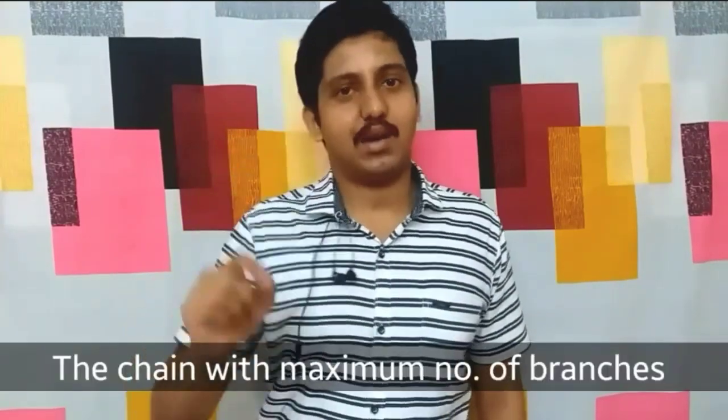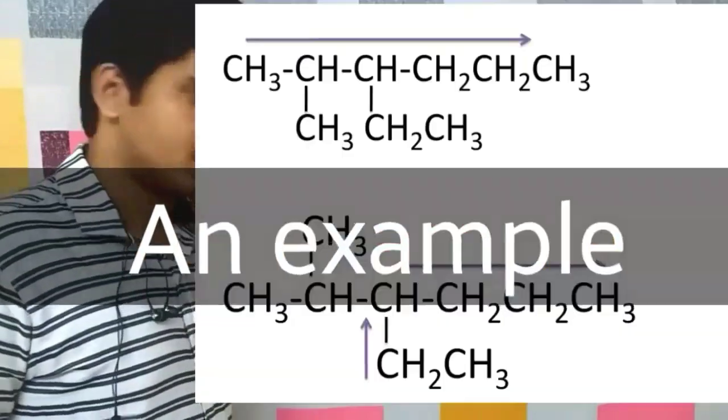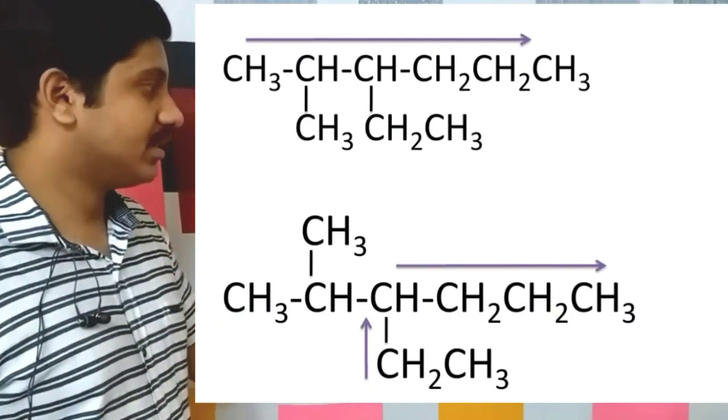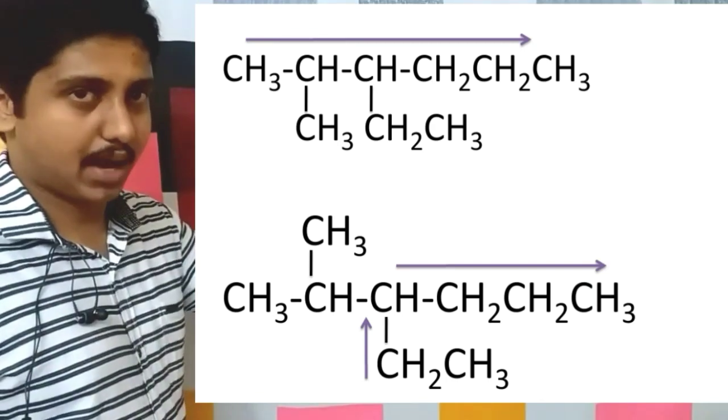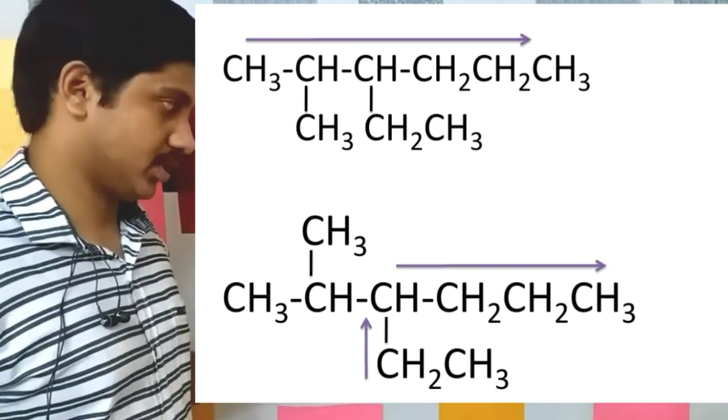Now the next step. If in an organic compound we count in 2 different manners and there are equally long carbon chains, then we have to choose the one with the greater number of substituents or branches. If we count as per the first arrow mark, we can see that there are 6 carbon atoms, and there will be 2 branches at the second and third positions.